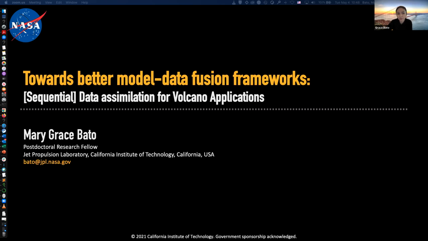So for this talk, I thought I would give a data assimilation introduction and show some demonstrations or applications where sequential data assimilation can actually be useful for this modeling laboratory.